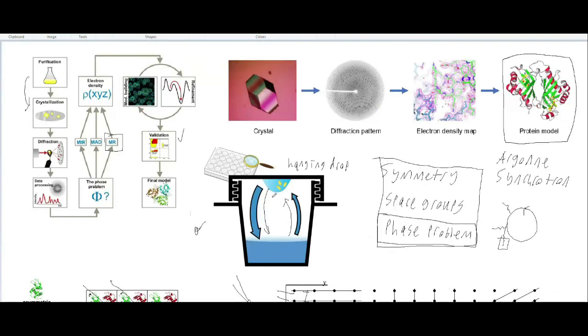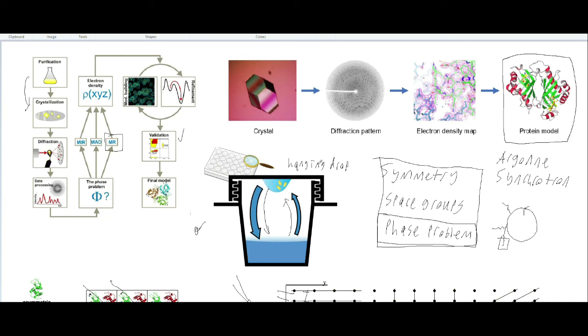So X-ray crystallography can be quite laborious. Like I said, there is the crystallization process, which can be very laborious, and there are different kinds of proteins that are extremely hard to do, like membrane-bound proteins.